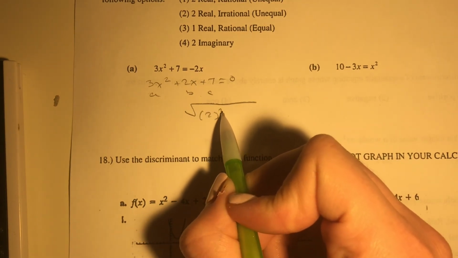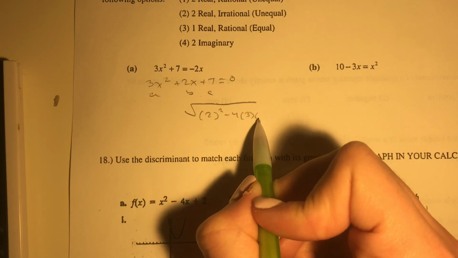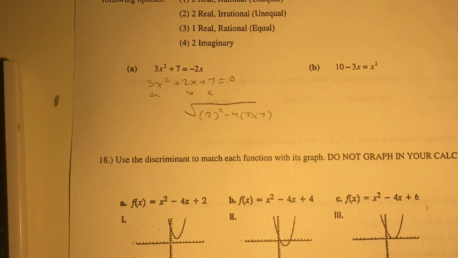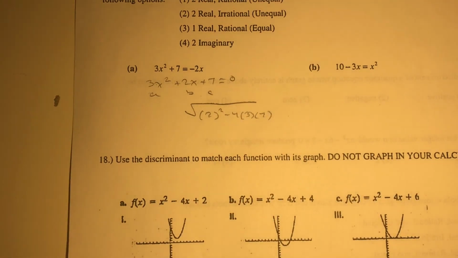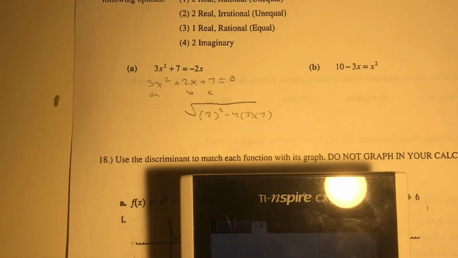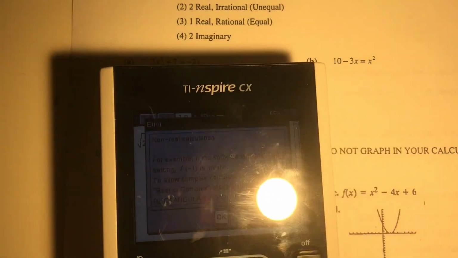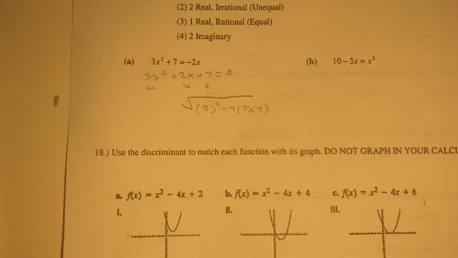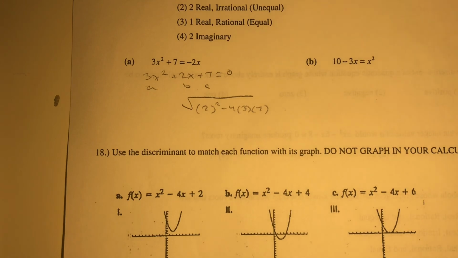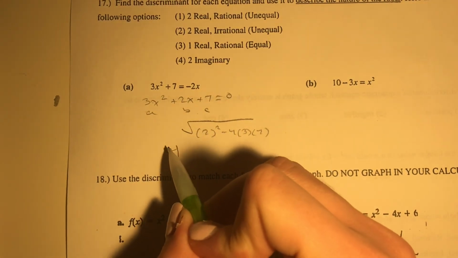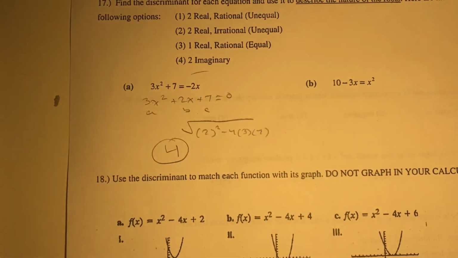We have 2 squared minus 4 times 3 times 7, which is c. We're going to plug and chug this into our calculator, so it will help determine what this is. 2 squared minus 4 times 3 times 7. Whoa, it says non-real. If it's not real, that means it's imaginary. So this is going to be 4, which is imaginary.